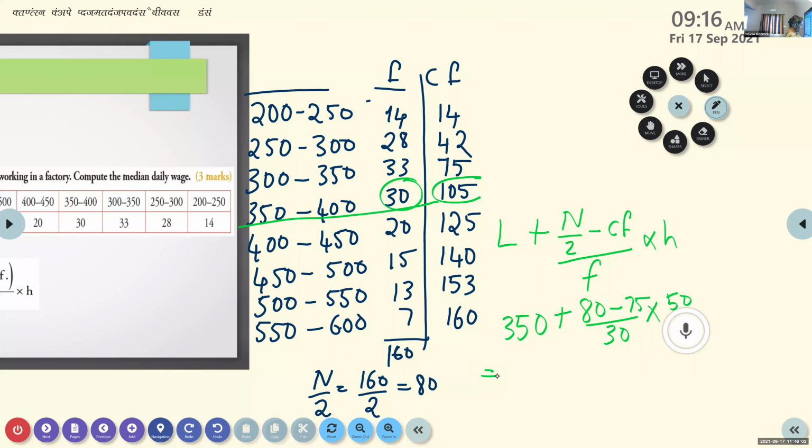Anybody got the answer? The median daily wage is how much?